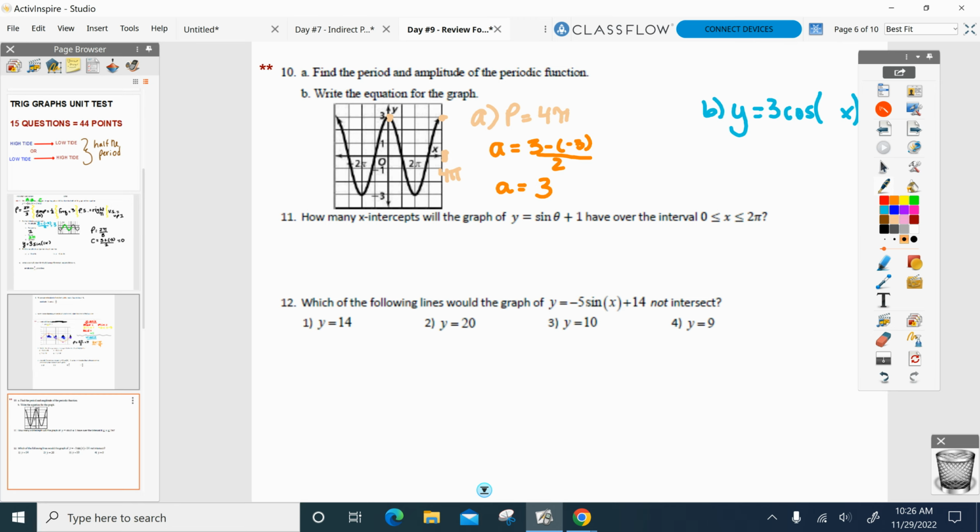And how do I get that? Using the period formula. P equals 2 pi over B. So go ahead, find your B value. Period equals 2 pi over B. Plug in 4 pi. Let's see if we get a B value. Just because I didn't ask, we still have to find it.